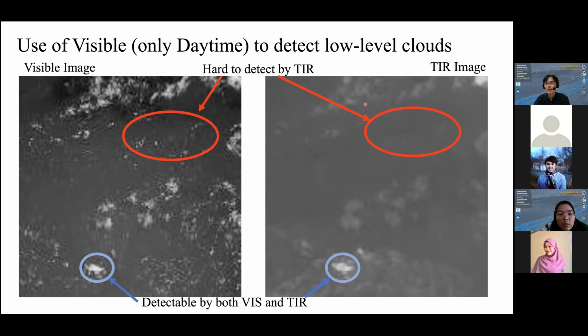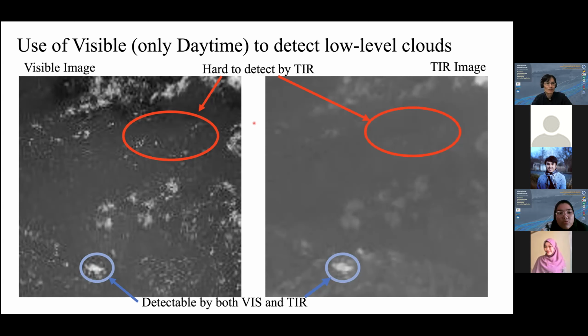In the case of the thermal infrared, it is hard to see the difference between the background and the cloud because of the very low cloud elevations. In such a case, the brightness temperature at 10 micrometers represents the cloud top temperature or surface temperature. Low level cloud means the brightness temperature difference is very small, so it is hard to detect the cloud.